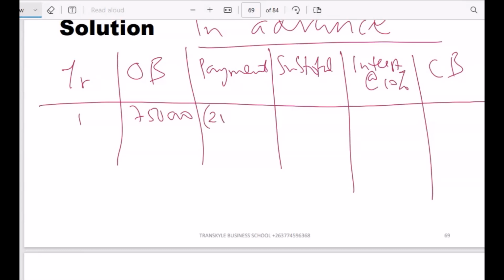Okay, so 215 every year. So the subtotal there becomes 535,000. Then we charge 10% on this 535, so it becomes 53,500. Okay, and our closing balance would be 588,500.